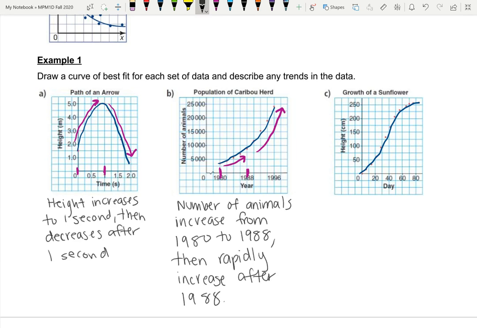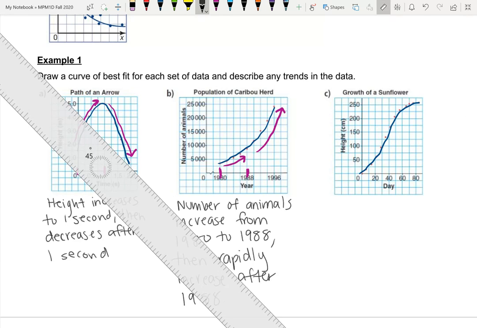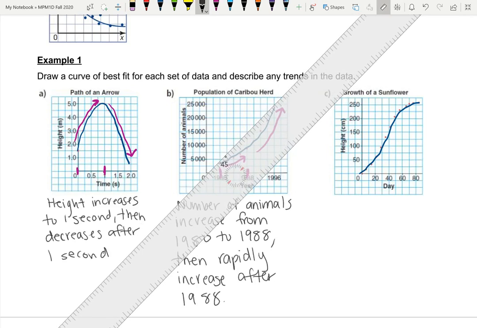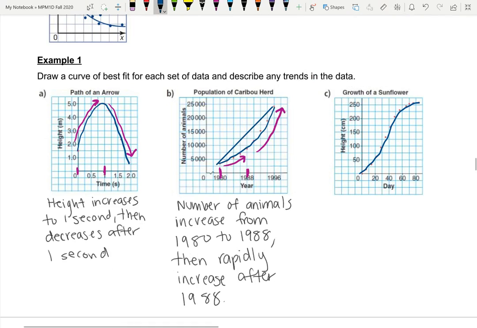Okay, so if this was a straight line, let's say that our points were creating a linear relation. So we would draw a line of best fit. That means that our number of animals would increase at a constant rate the entire time, right?